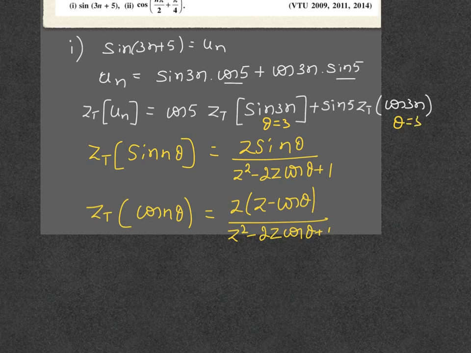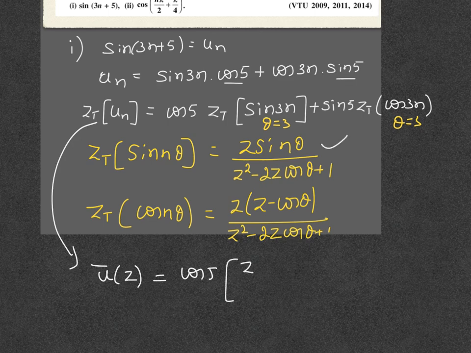In the formula, we get, so this is u bar z. The transform of u n is u bar z. I'll keep cos phi as it is, and the z transform of sin 3n, where theta is 3, substituting here gives z sin 3 divided by z square minus 2z cos 3 plus 1.